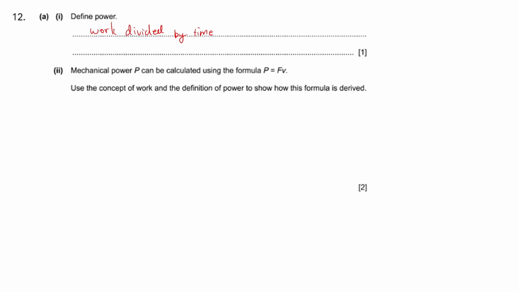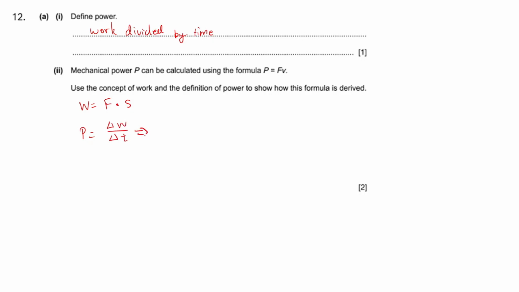Mechanical power P can be calculated using the formula P equals FV. Use the concept of work and the definition of power to show how this formula is derived. So work is equal to F times S, right? And then P is equal to work divided by time.